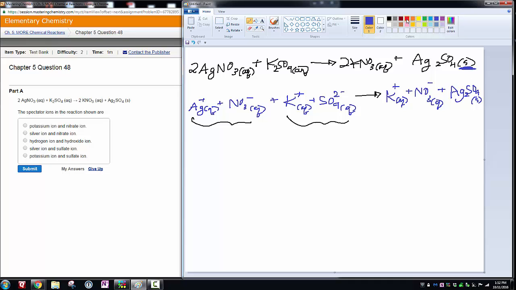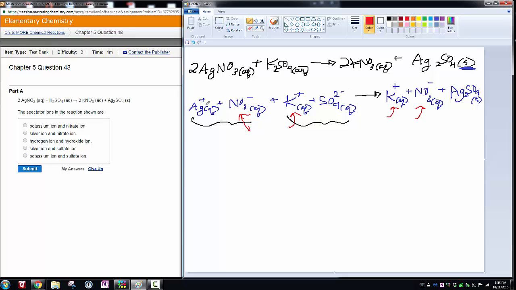So a spectator ion is something which did not itself participate in the reaction. It just kind of watched. It didn't do anything. So anything which has not changed from reactant to product would be a spectator. So nitrate is nitrate on both sides. Aqueous nitrate, aqueous nitrate. And potassium is aqueous potassium on both sides.